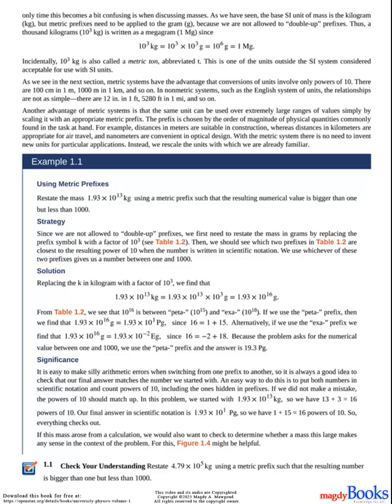Alternatively, if we use the exa prefix, we find that 1.93 multiplied by 10^16 gram equals 1.93 multiplied by 10^-2 exagram, since 16 equals negative 2 plus 18. Because the problem asks for the numerical value between 1 and 1000, we use the peta prefix and the answer is 19.3 petagram.